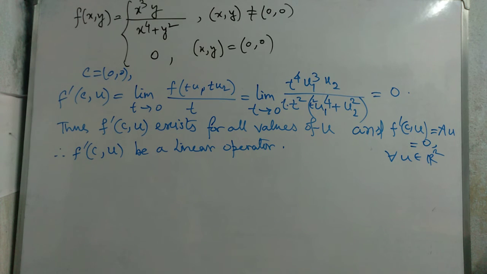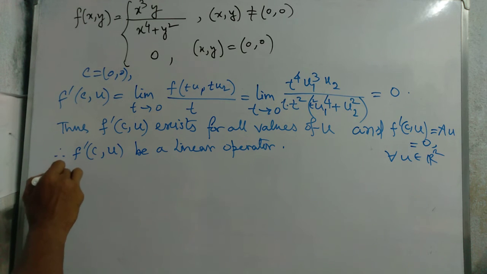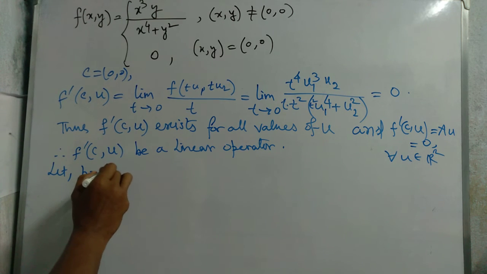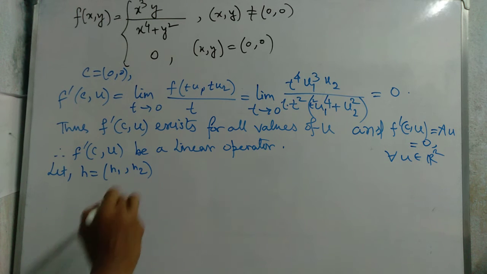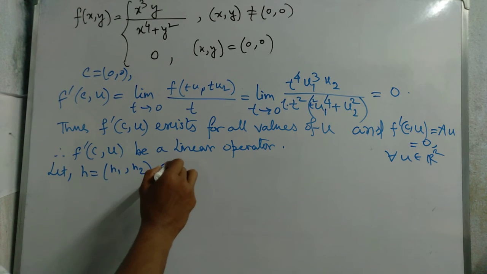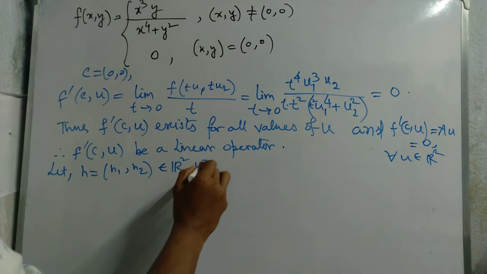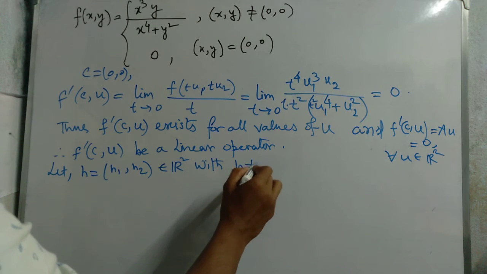Okay, now let h = (h1,h2) belong to R squared with h not equal to 0.